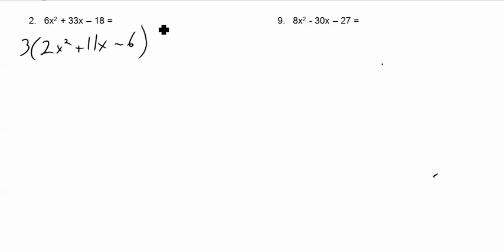So 2 times 6 is 12. We're looking for factors of 12 that when we subtract them equal 11. So 1 and 12, when we subtract those, that equals 11, so we don't need to do any more. So we're going to keep writing our 3 down, so we don't forget about it. So we need 12 minus 1 to get positive 11.